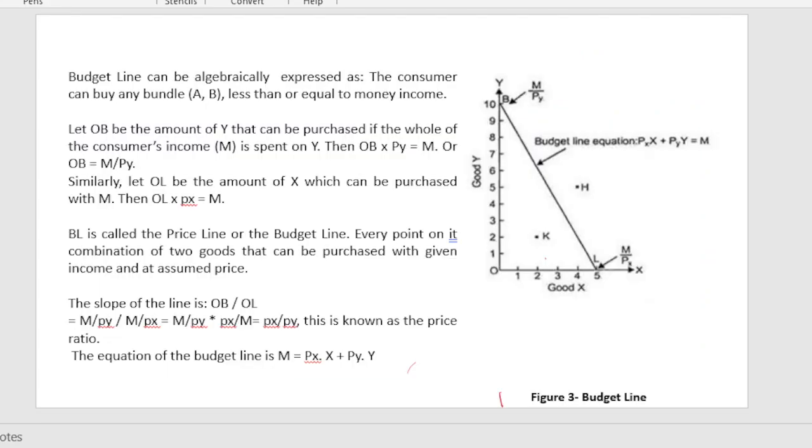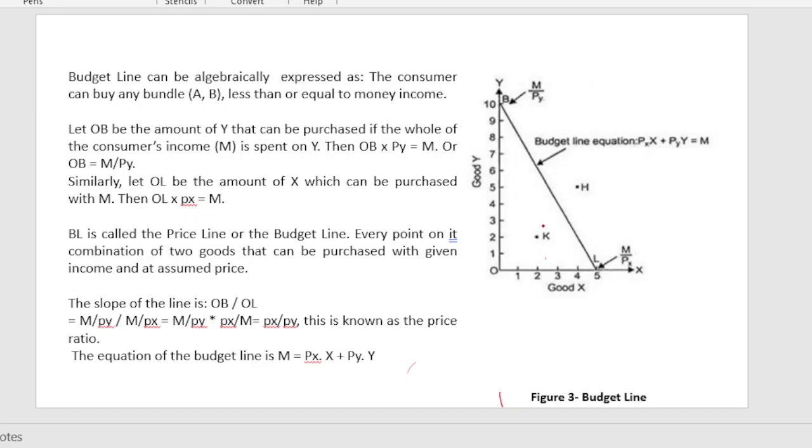A graphical representation of the budget line is given here. We see a downward sloping line. The consumer can buy any combination of goods less than or equal to his money income.